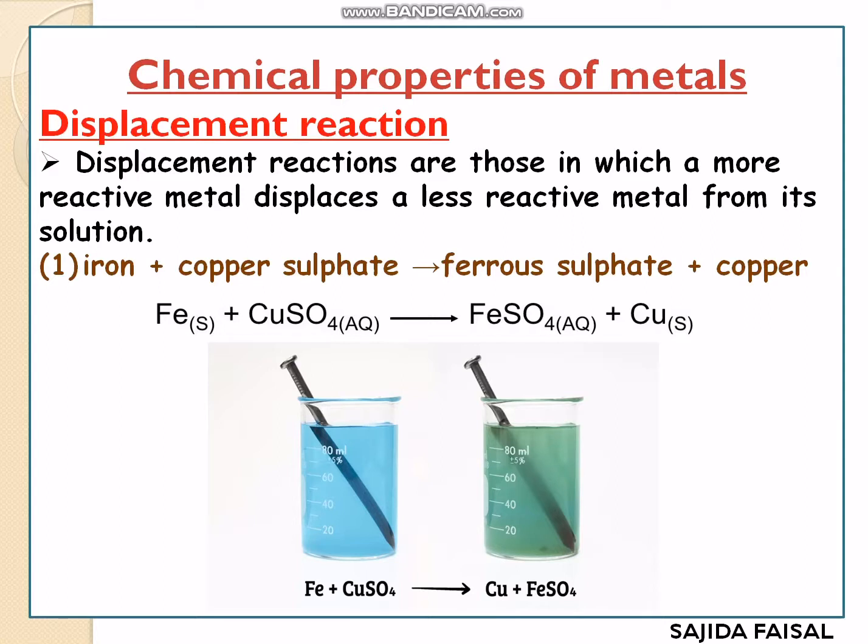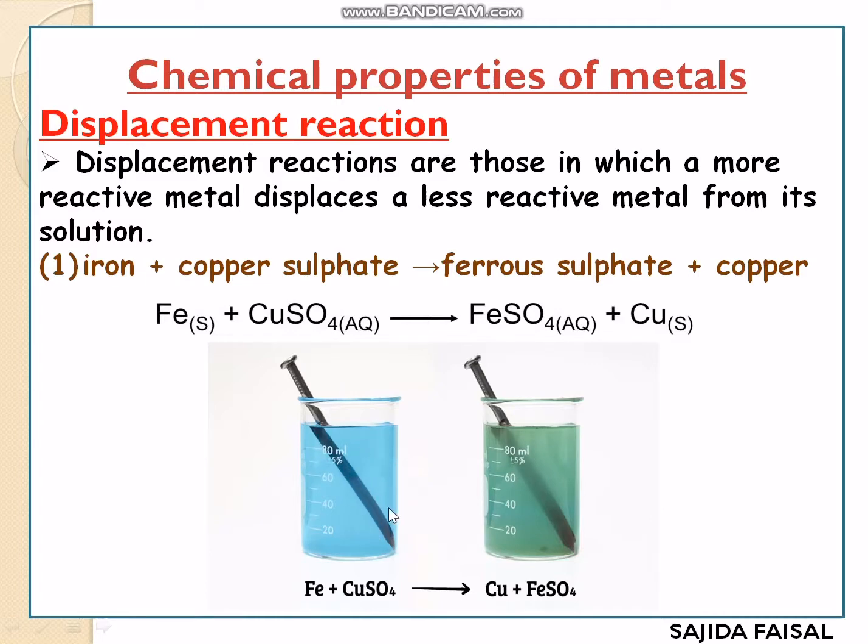Here you can see iron is one metal and copper is another metal, and iron is reacted with copper sulfate. Here the more reactive metal is iron. This iron will take sulfate from the copper sulfate solution.